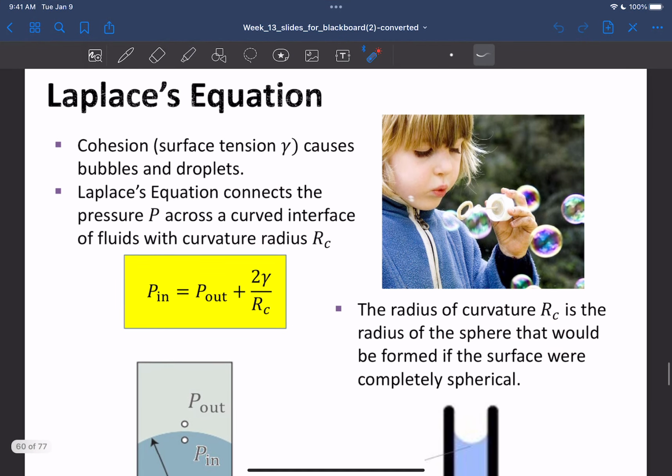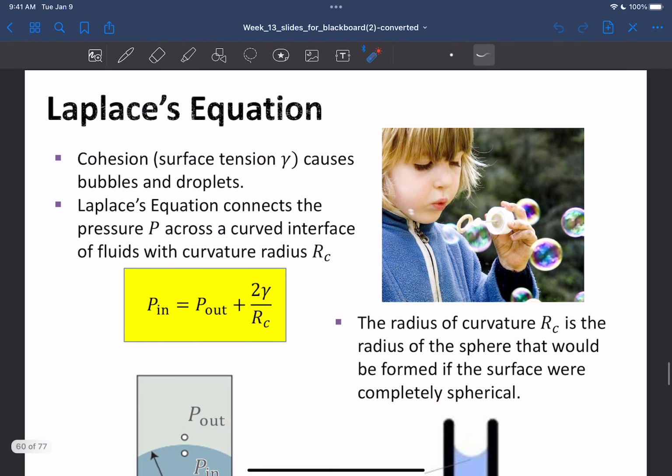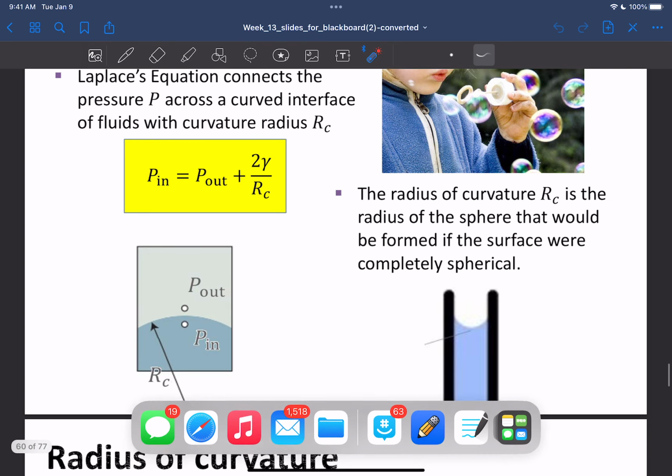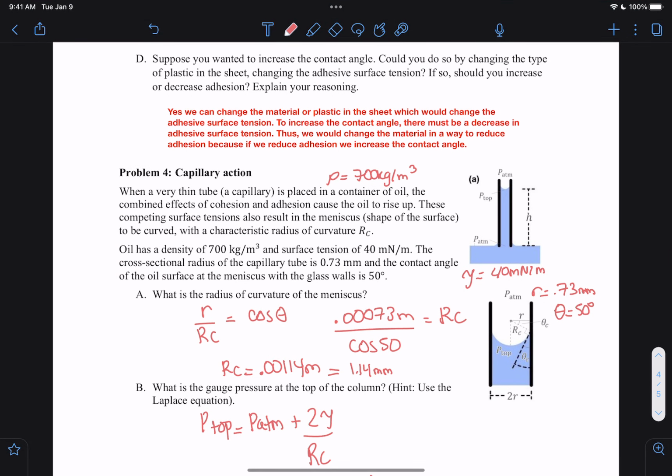P in is equal to P out. So the way they have it set up here is the inside is equal to the outside plus this. So this is the P atmosphere basically, right? And this goes to 0. That's what I'm referencing here. P_n is equal to that, and that's what we used for the last equation as well. So I don't see why it should be any different.